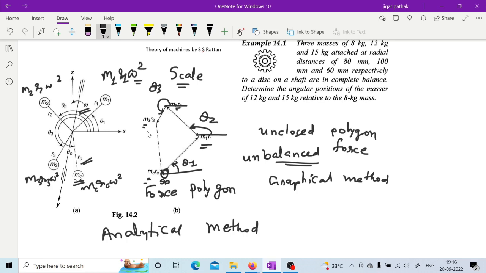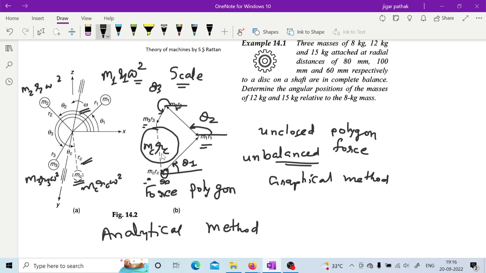And we are neglecting omega because all the masses are on the same disk and rotating with the same angular velocity. So if you find this unclosed polygon, you can close it, and that closing vector is going to have a certain magnitude, MCRC. Yes or no? Okay, sir.